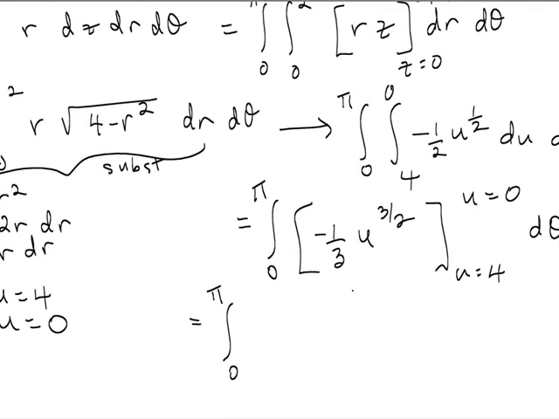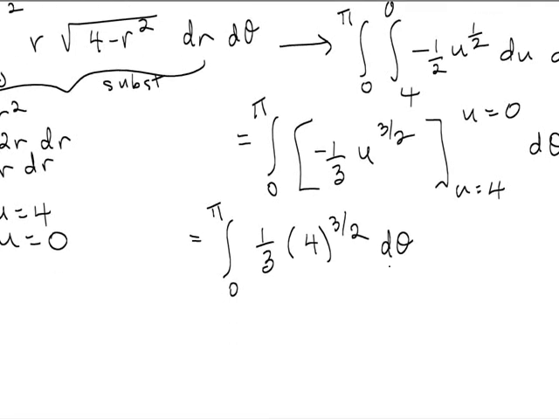So when you put 0, you get 0 minus minus. So that is 1/3 times, let's do this slowly, 4 to the 3/2 d theta. What is 4 to the 3/2? That's 8. So that's 8 over 3, and then you have a pi. 8/3 pi, that's the solution.